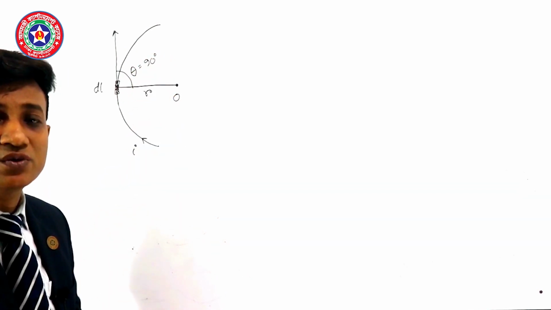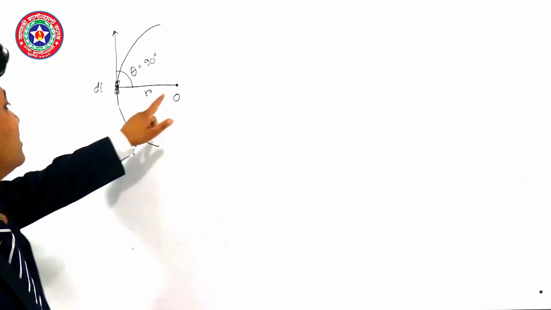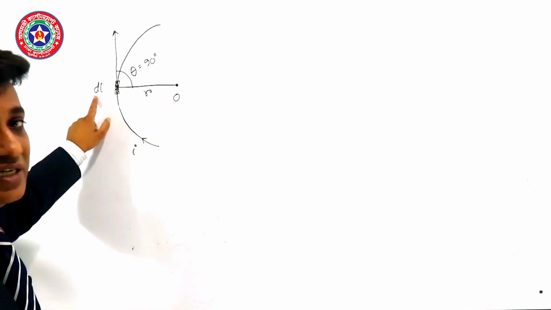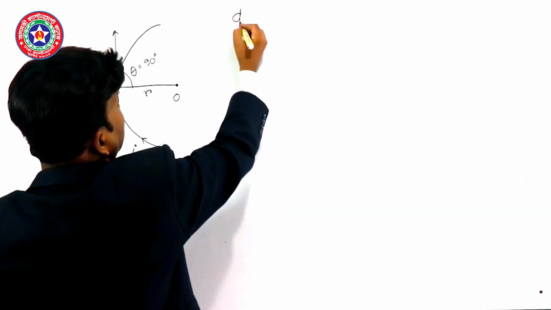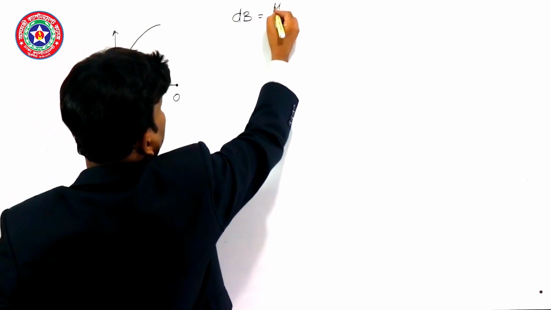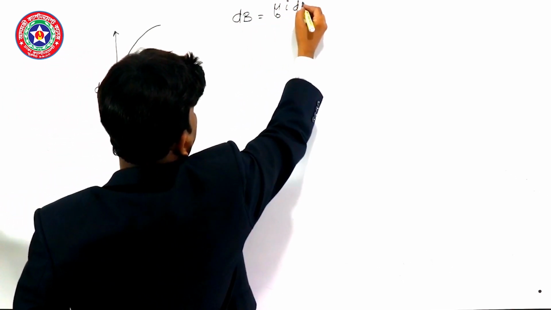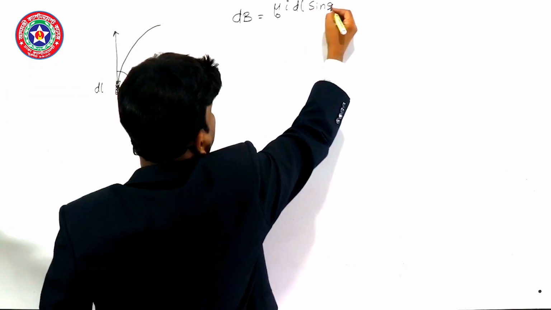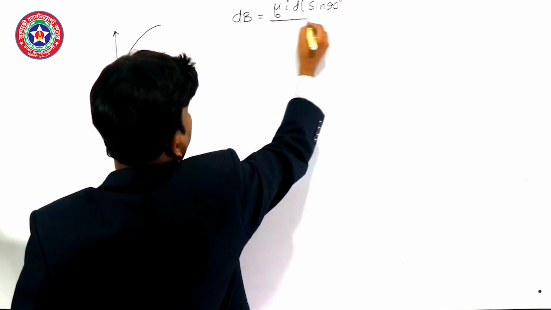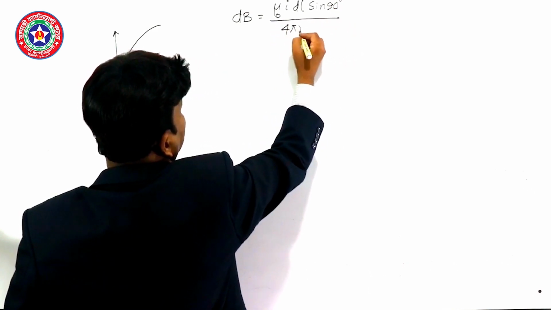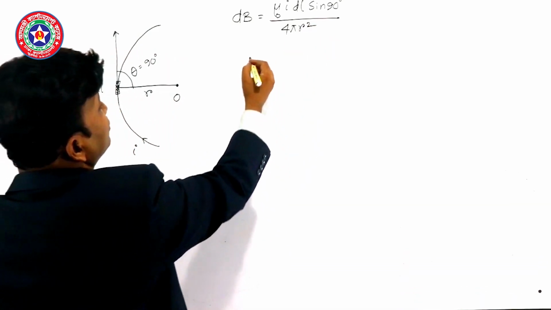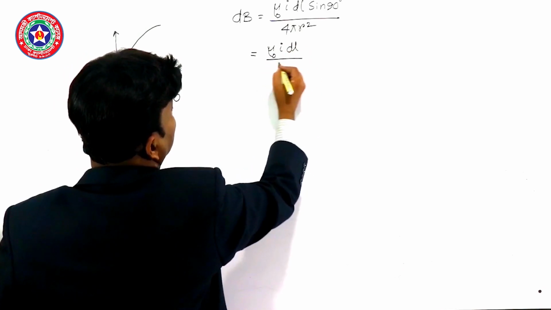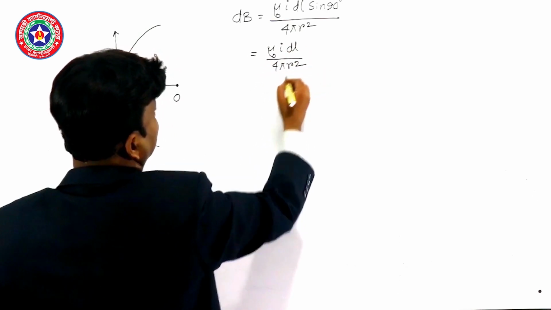Now according to Biot-Savart, the magnetic field at center O due to dl will be dB equals μ₀ I dl sinθ, here the angle is 90 degrees, so sin 90° divided by 4π r². Next we can write from it μ₀ I dl by 4π r².